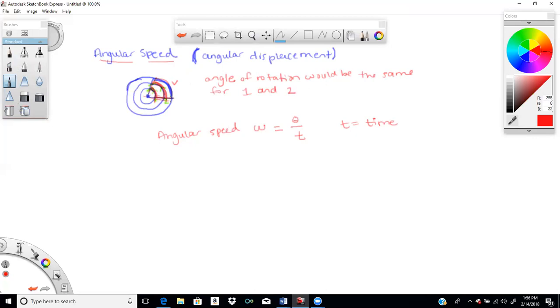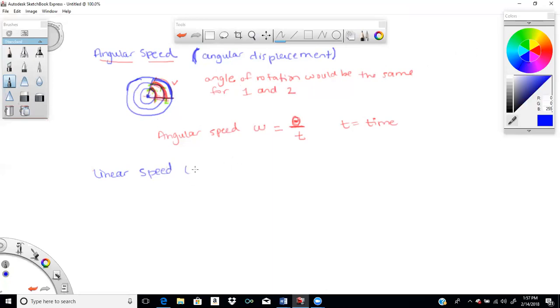But angular speed, omega, is theta, that angle, divided by time, and that would give you your speed. All right, good. So that's angular speed, so ruminate on that. Now let's look at the linear speed.